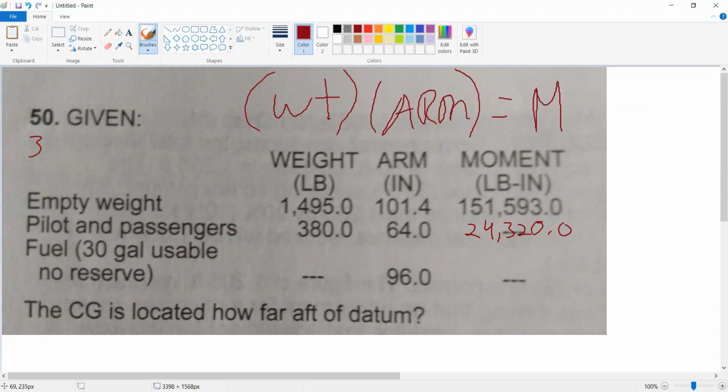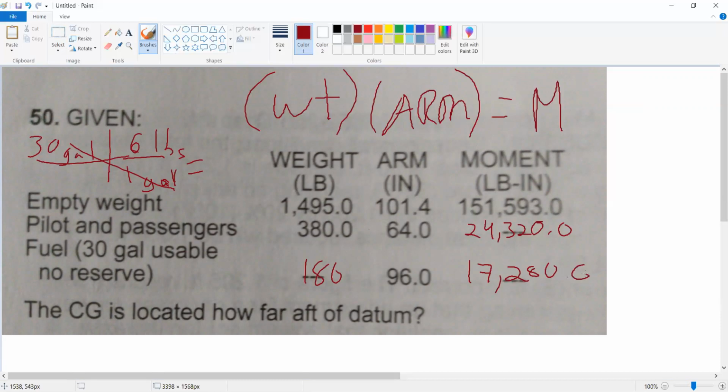We have 30 gallons, and we know that 1 gallon equals 6 pounds, and so these cross out. So 3 times 6 is 18. So we're left with 180 pounds. So we can put that here, 180. 180 times 90 gives us 17,280.